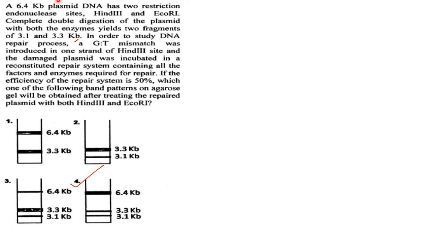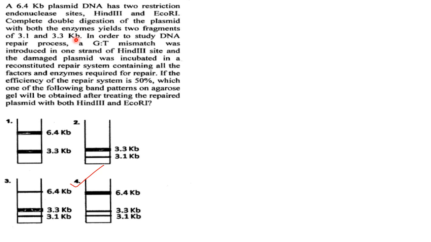So you have got a 6.4 kb plasmid. It has got two restriction sites, HIN3 and EcoR1. If you digest the plasmid with HIN3 and EcoR1, you will get two fragments, that is 3.1 and 3.3 kb. Now you decided to study DNA repair process. So you introduced a G:T mismatch, and this was introduced into which site? HIN3 site. So the HIN3 site got damaged.